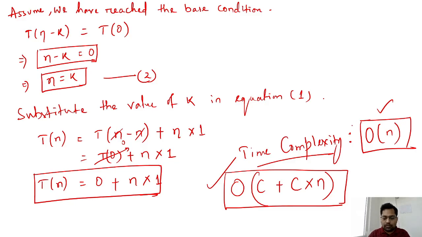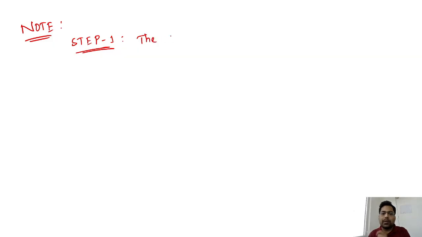So here, what note should we write on how to approach this iteration method? Step 1: the unknown term should be expanded. Clear?